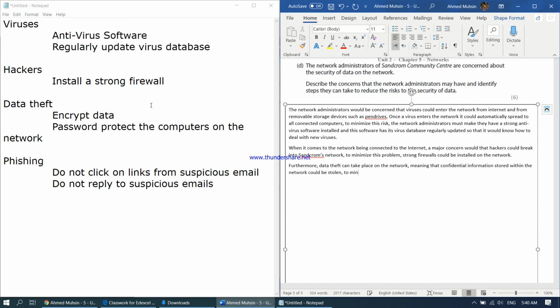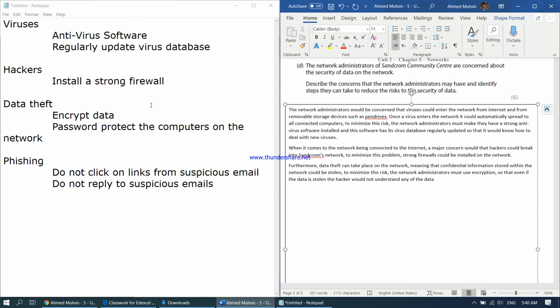To minimize this risk, the network administrators must use encryption, so that even if the data is stolen, the hacker would not understand any of the data.